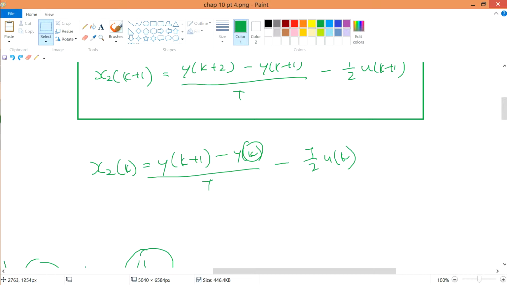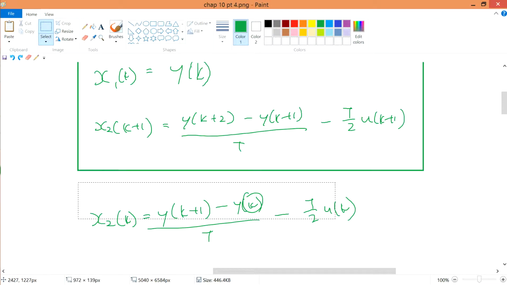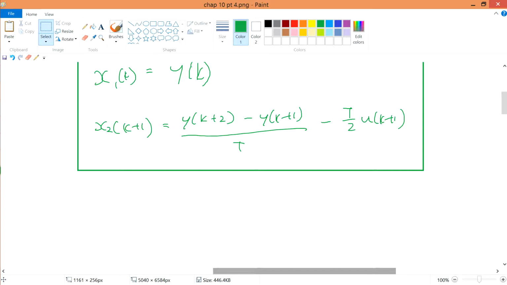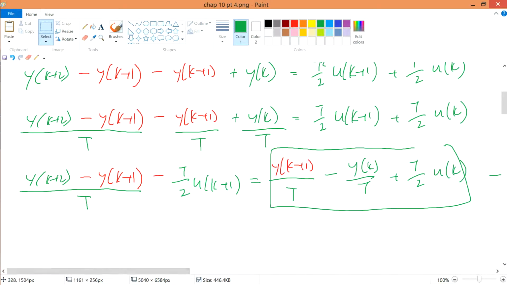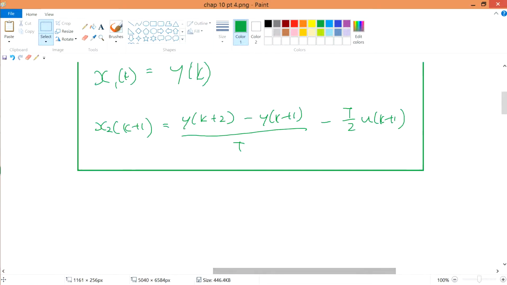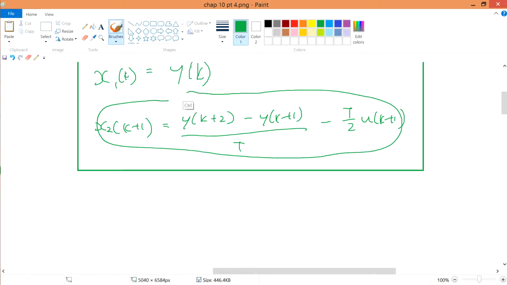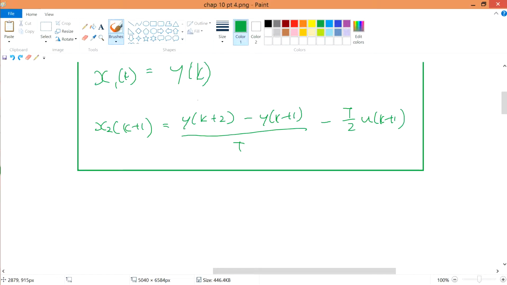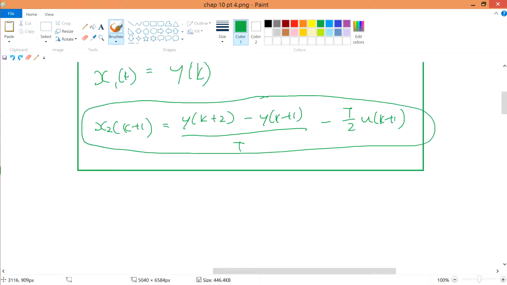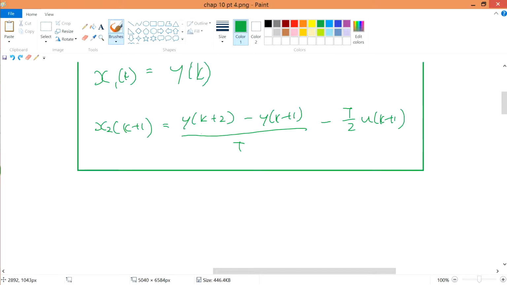If you don't understand, you can just write it on a paper, or you can just click back a few minutes ago and rewatch. I'm just simply explaining to you why x2k plus 1 is equal to this thing, or in a way that I don't even know why it's coming out, but I explained to you the concern of how this comes about, and you may need to know also.